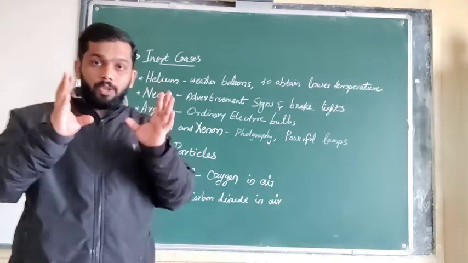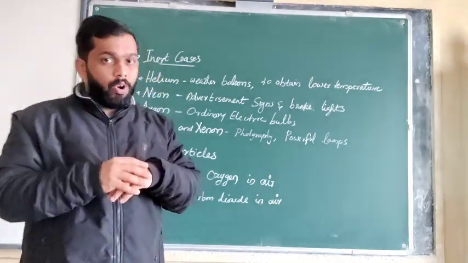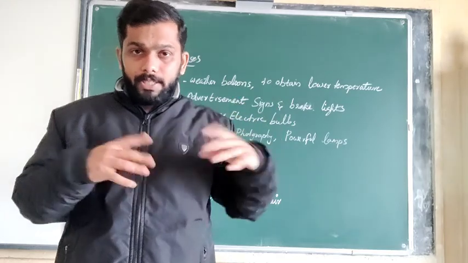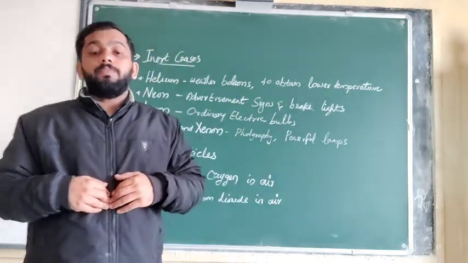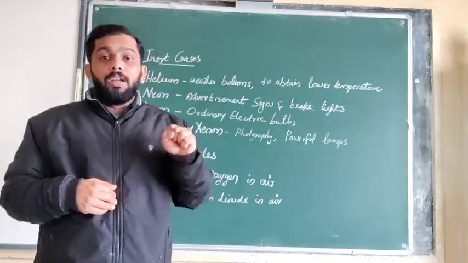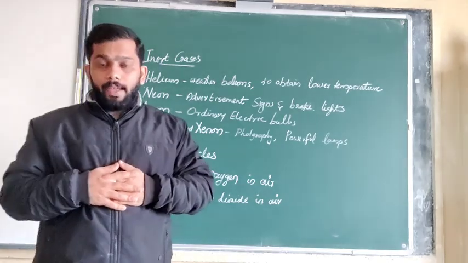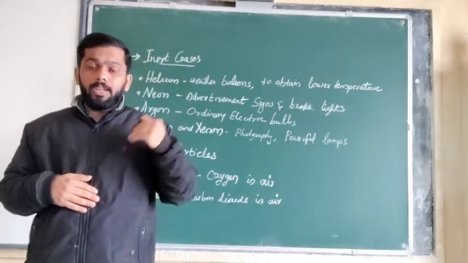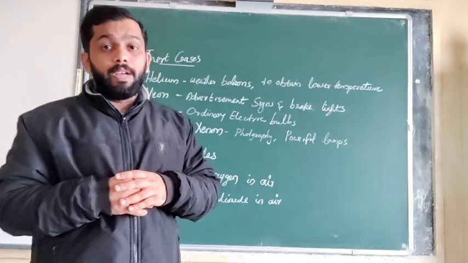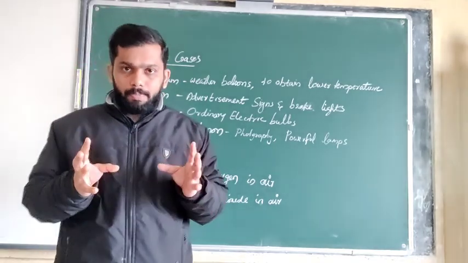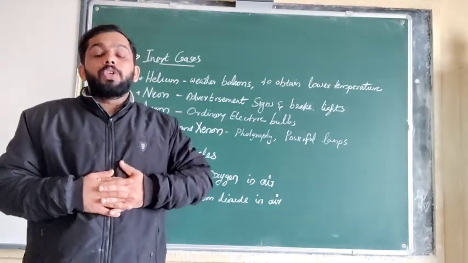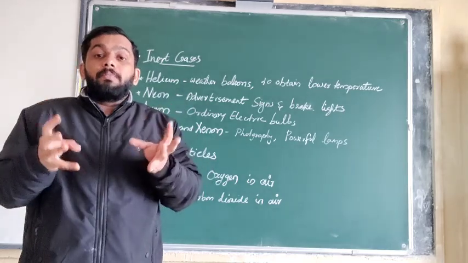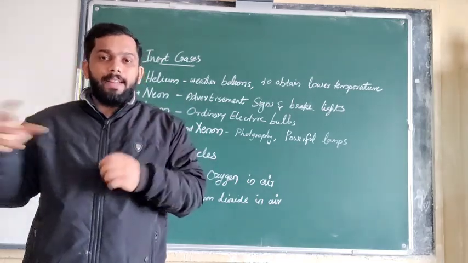Now, what is happening during photosynthesis? We already know what photosynthesis is. In the presence of sunlight, carbon dioxide is used to make food in plants. That process is called photosynthesis. So during photosynthesis, carbon dioxide is consumed by plants.